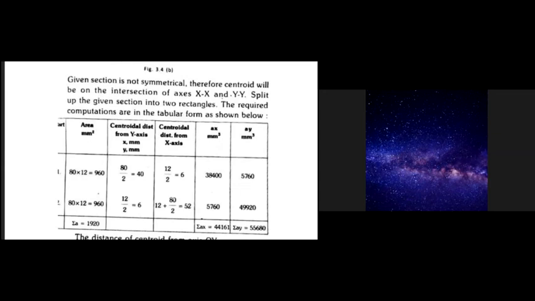So just draw one table: the first column is the part number, then the area of the part, and the centroidal distance from the y-axis, that is x in mm, and the centroidal distance from the x-axis. Okay, next, the product of a into x bar, and the product of a into y.